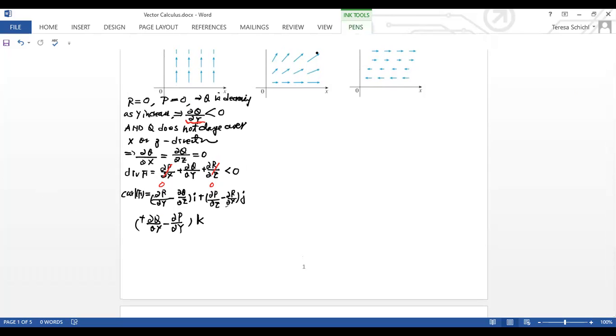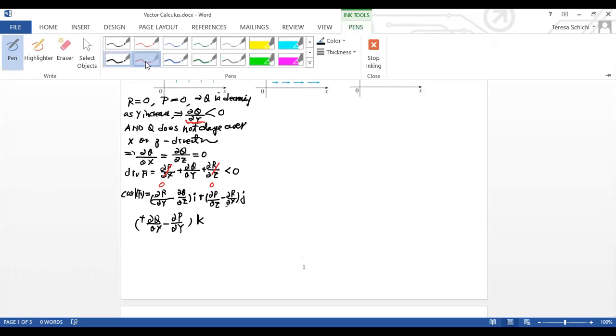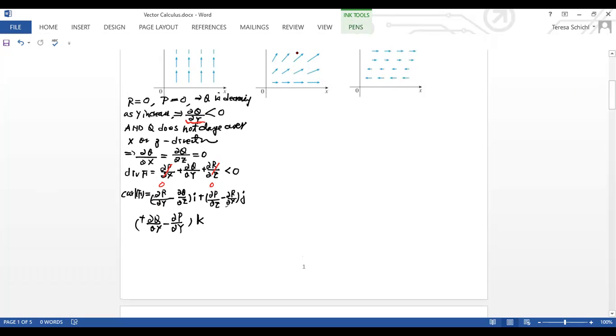Okay, so let's take a look here. ∂Q/∂z is equal to 0. ∂P/∂z, P is equal to 0. ∂R/∂x is equal to 0.